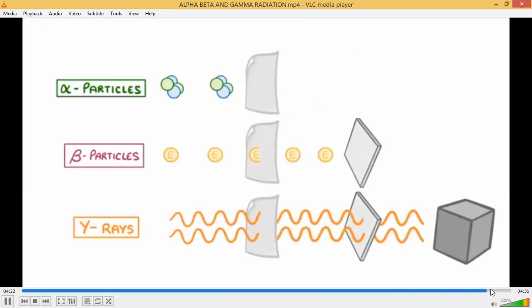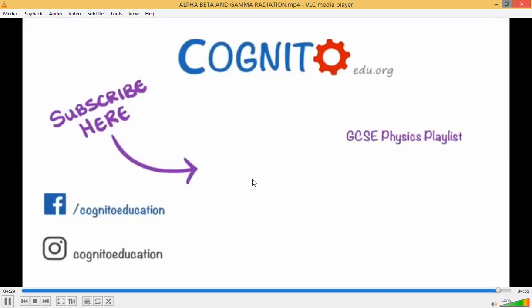Okay. Now, having understood this aspect of radiation, there's another one I would have loved us to watch, but I think okay.